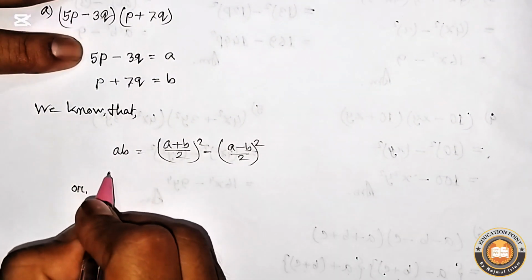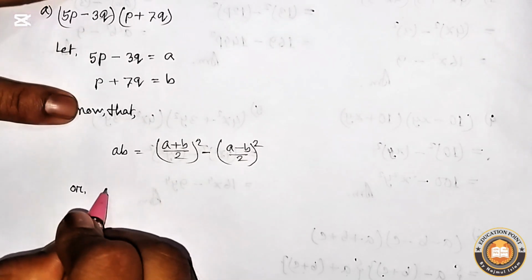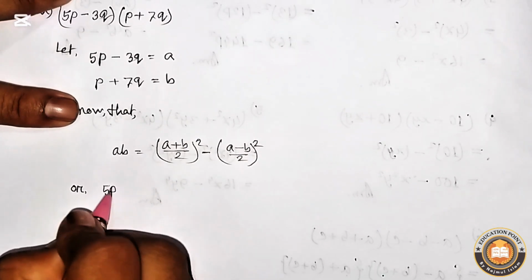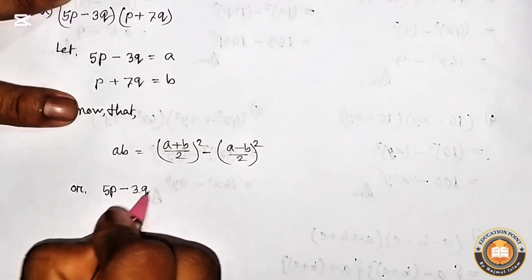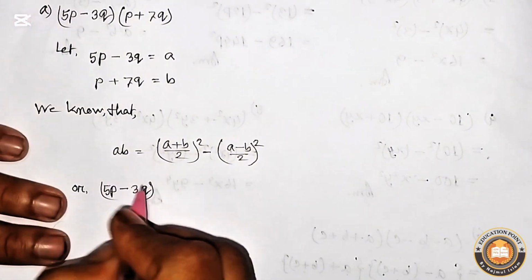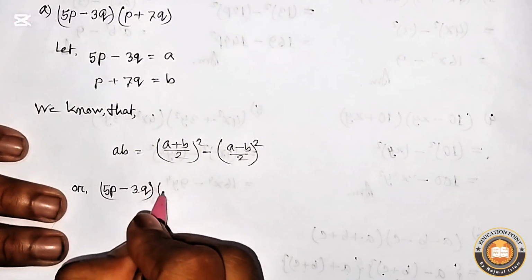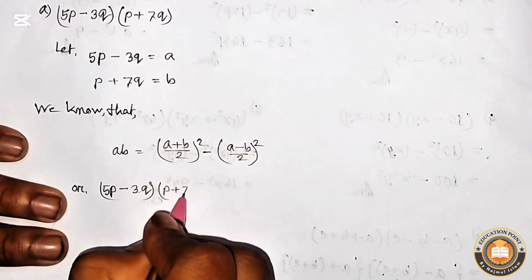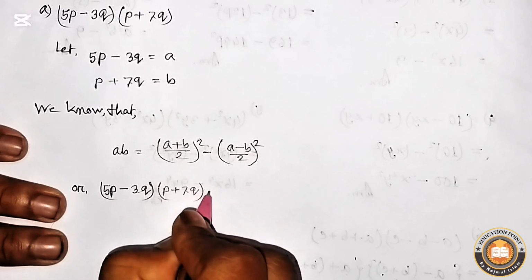ab equal (a plus b by 2) whole square minus (a minus b by 2) whole square. Value of a is 5p minus 3q and value of b is p plus 7q.